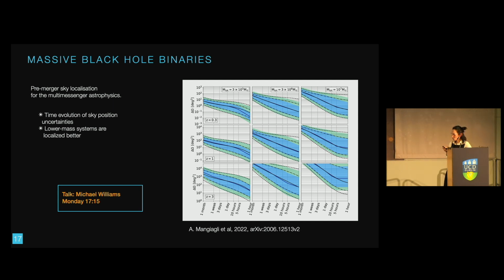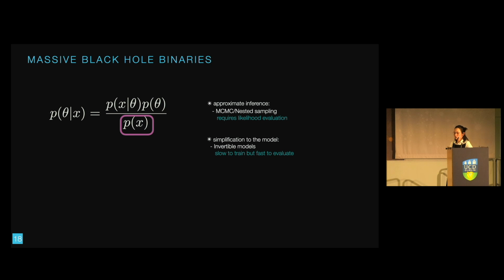And this plot shows you, based on how much time is left until the merger, how well you will know the localization of the massive black hole based on the gravitational wave signal, and then you can provide this knowledge on the localization to the electromagnetic astronomers. And for this type of analysis, for producing early warnings for electromagnetic observations, it is important to do the parameter estimation fast.